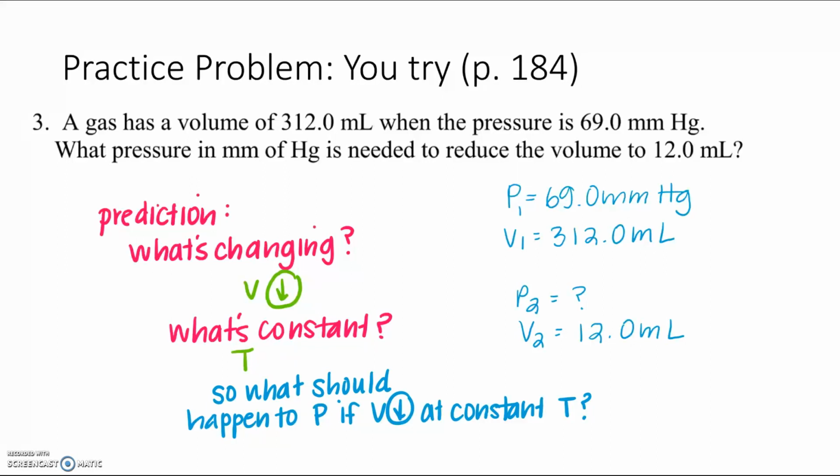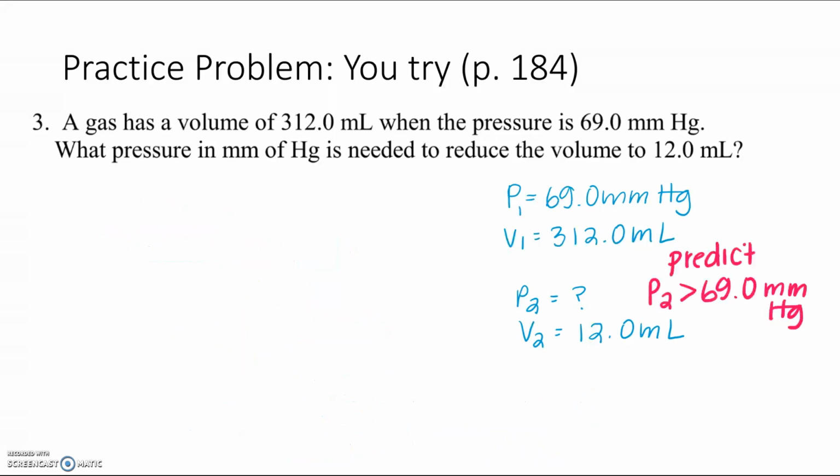So what should happen to pressure? You should predict that pressure is going to go up. So whatever you get as your answer for P2, it should be greater than what you would get for P1. So when you solve this, you should get an answer that is greater than 69.0 millimeters of mercury.